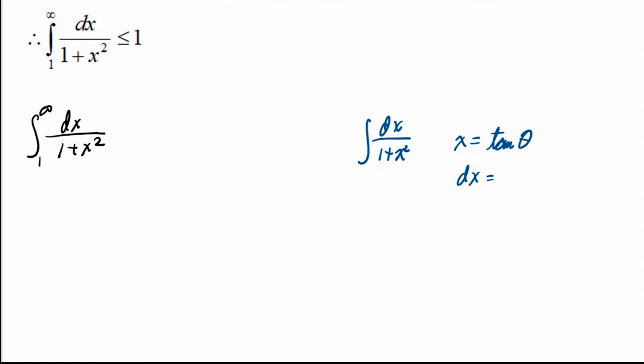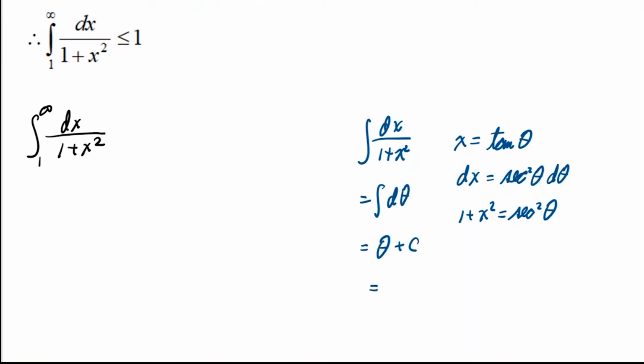So we have dx being secant squared theta d theta, and 1 plus x squared also turns out to be 1 plus tangent squared, which is secant squared. So we have this thingy over this thingy. So we'll have d theta, and that turns out to be theta plus c, and theta, of course, is from here inverse tangent of x plus c. You get it?